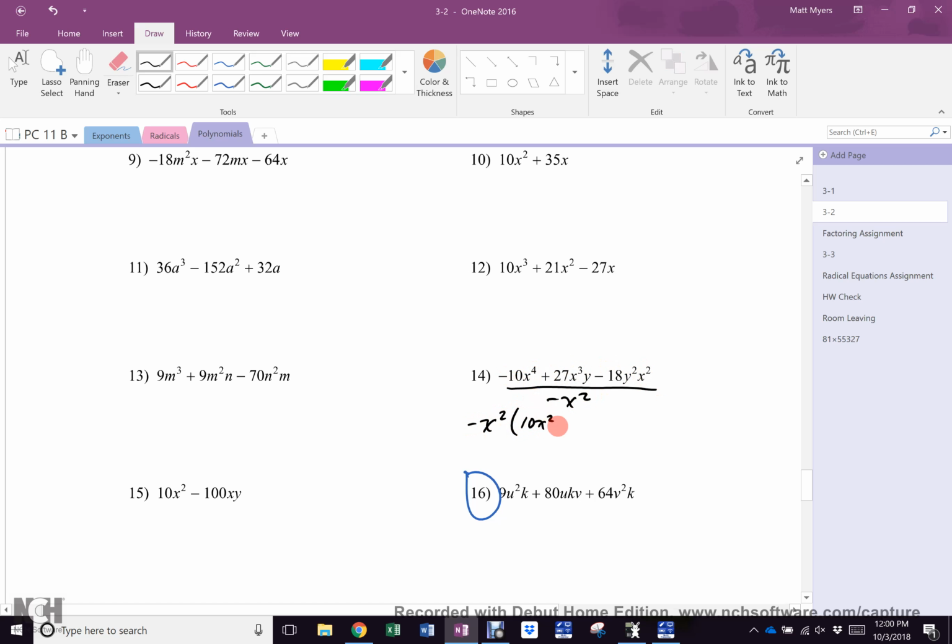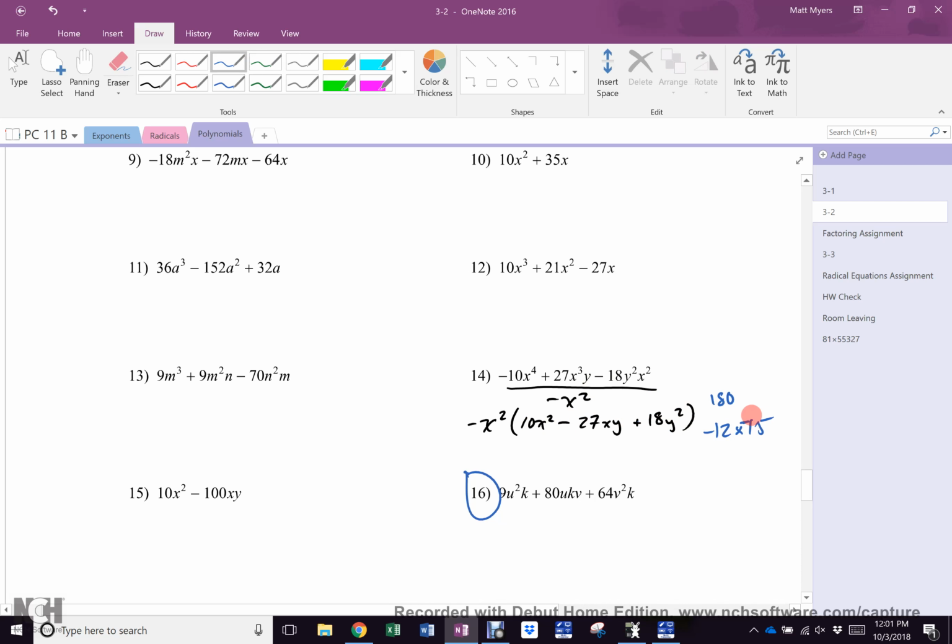Because he took out the negative, minus 27xy, plus 18y squared, yeah? Then 10 times 18 is 180, right? Which is 12 times 15, right? But since that's positive and that's negative, it had to be negative 12 and negative 15, right?